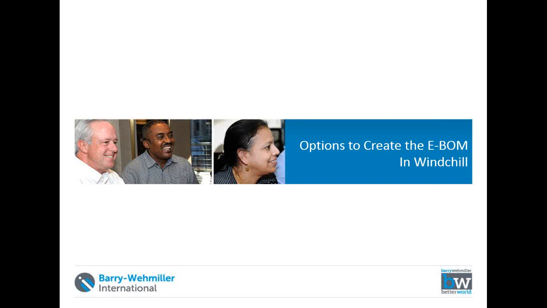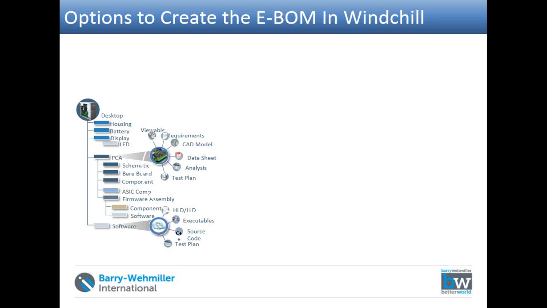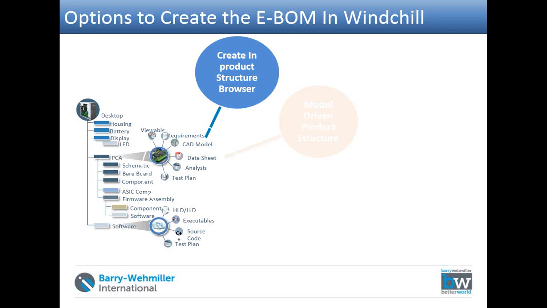So we saw what E-BOM and M-BOM are, and now we'll see how the E-BOM is created in Windchill. What are the options PTC has enabled in Windchill to create this E-BOM? The first option is to create the product structure using the structure browser.